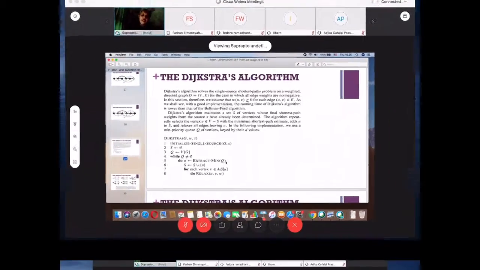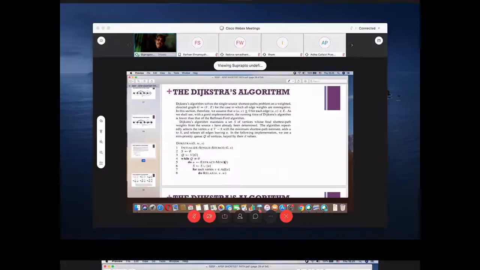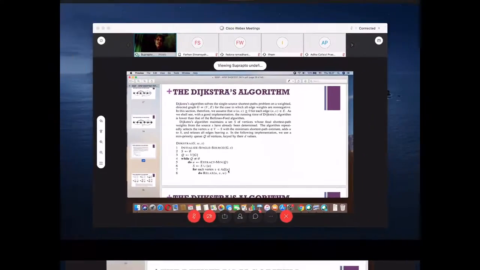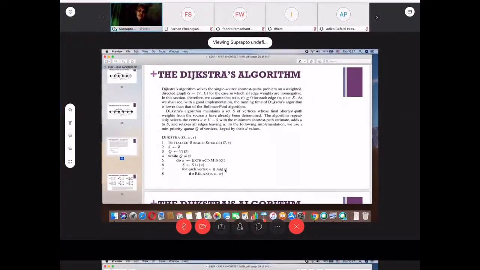In this case, the vertex has the minimum, and then we go through the adjacency list of small u, but small u, remember, is assigned by small s. So each vertex small v in this list means all vertices adjacent to small s. This is short, and then do relaxation.